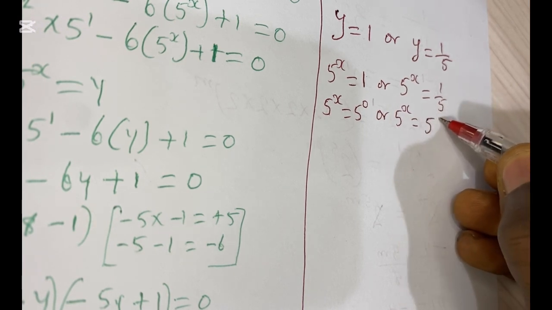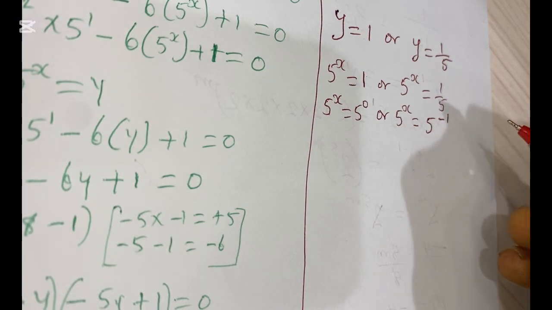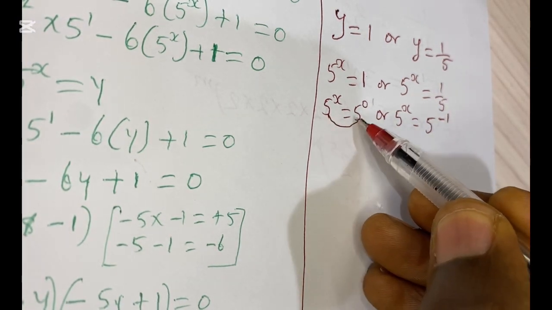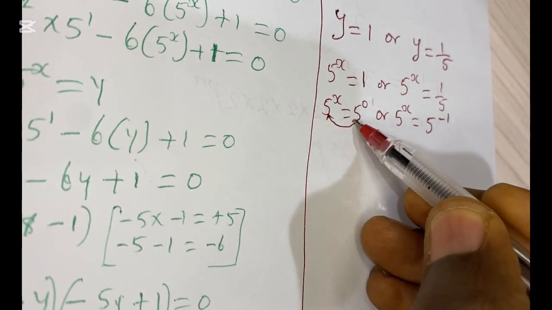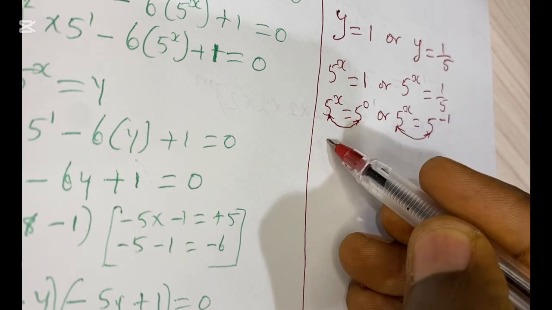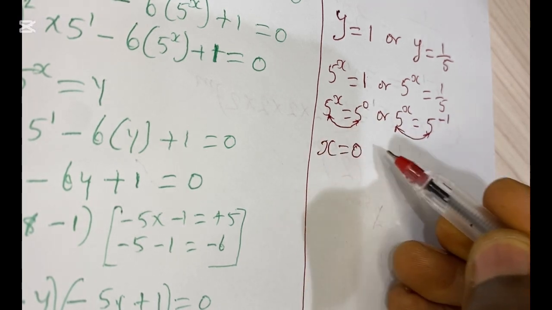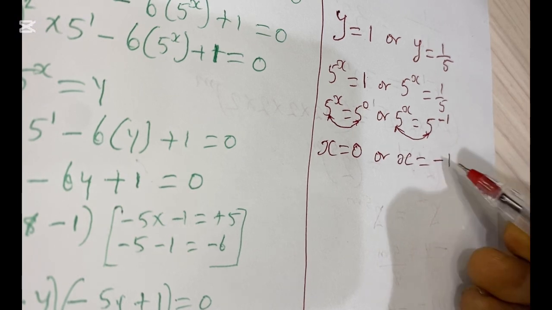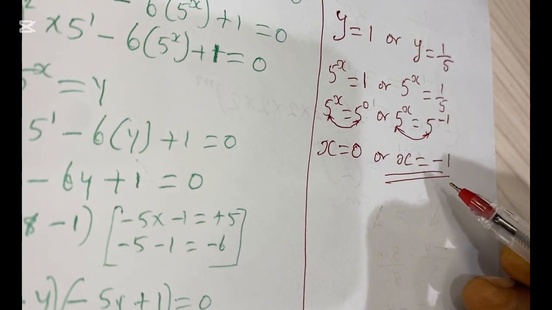So we have 5 raised to the power minus 1. Now equating the bases, we say x is equal to 0 or x equal to minus 1. So this is our solution.